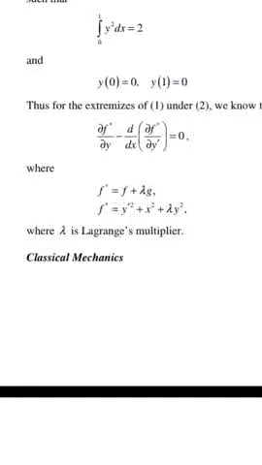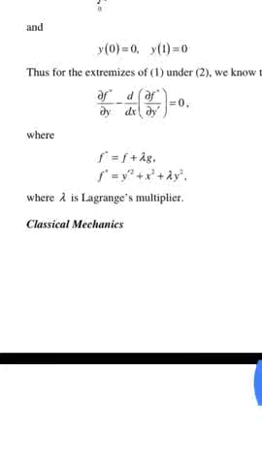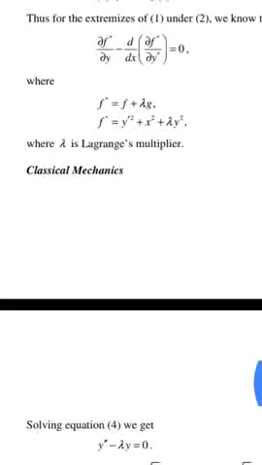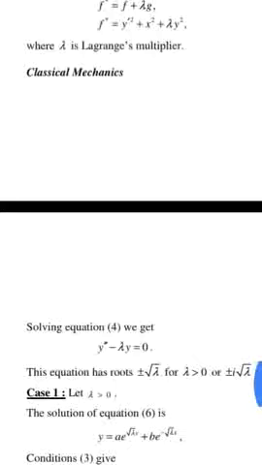Therefore f star is equal to y dash square plus x square plus lambda y square, where lambda is a Lagrange multiplier. Solving this, we get y double dash minus lambda y is equal to 0.